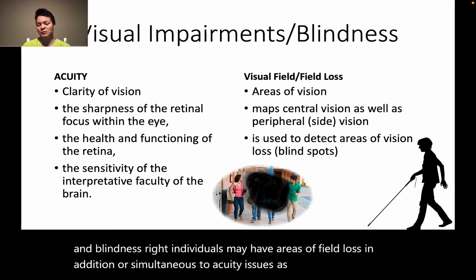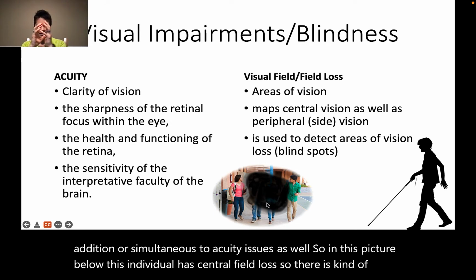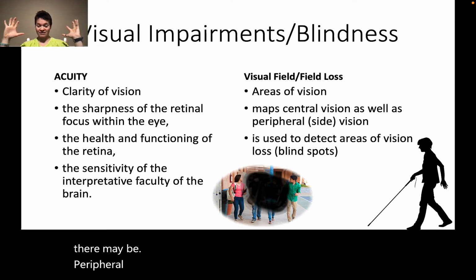So in this picture below, this individual has central field loss. So there is kind of this tunneling of darkness occurring in the center of their vision. And there may be peripheral or side vision field loss, okay?